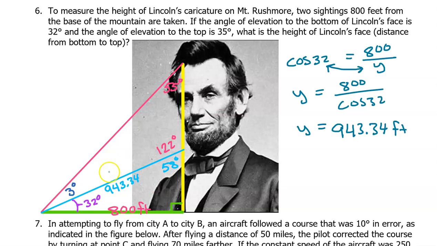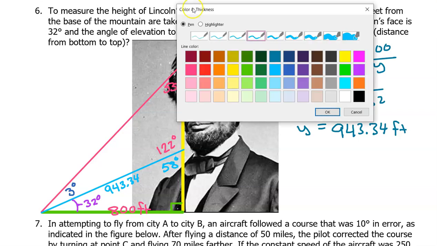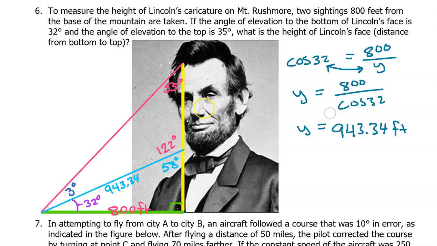Now we can use the law of sines to solve for the thing that we really wanted to find in the first place, which was the height of Lincoln's face. Hopefully you can see this if I put it in orange. The height of Lincoln's face goes from here to here. So this is the x for which we must solve.